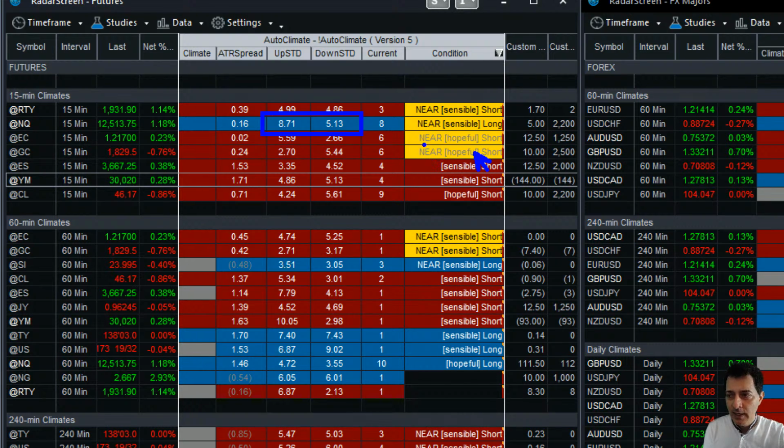But at the same time, especially when you have few opportunities like now and you have time, it's always a good idea to look at those values. In this case, I'm going to look at the values for the down markets, because both of those opportunities have a red background, so it's an opportunity to short. So I'm looking at the down statistics.